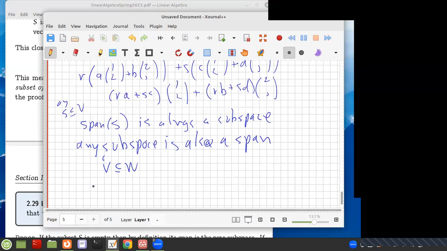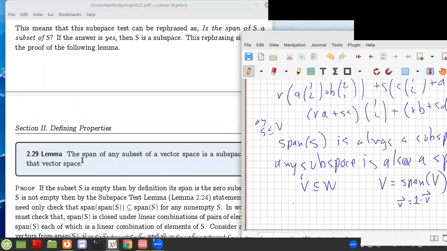What I can do is point out that V equals the span of V. I take every vector in V as my set of vectors. For any vector v, it equals 1 times v. So this is a vector in V, and this is a vector in the span of V. So any vector in the span of V is in V. The point is, any vector space is a span, and any span is a vector space. So that's the content of this thing here.